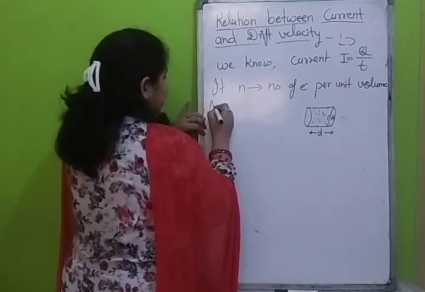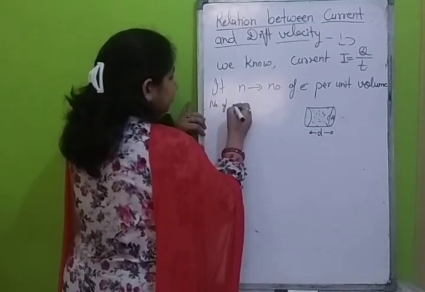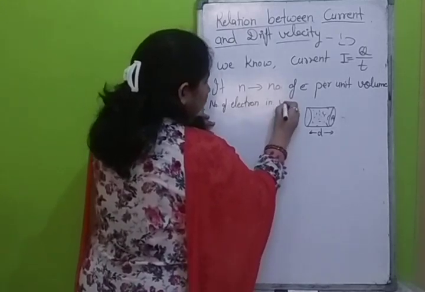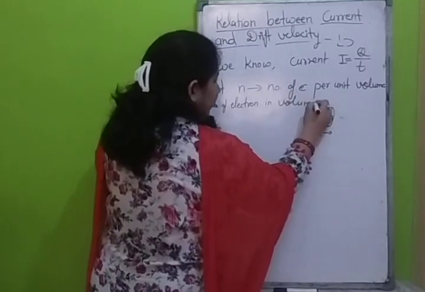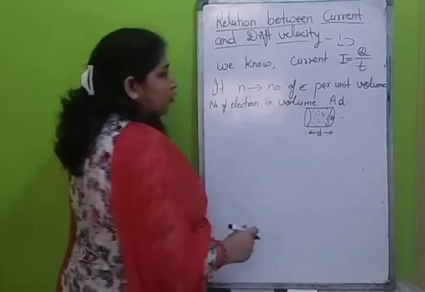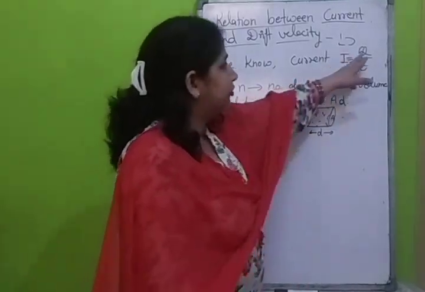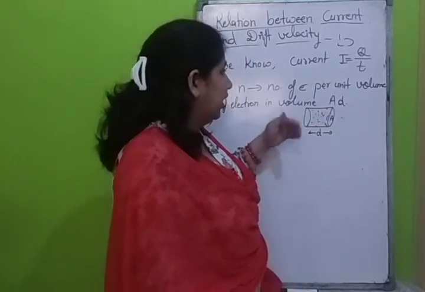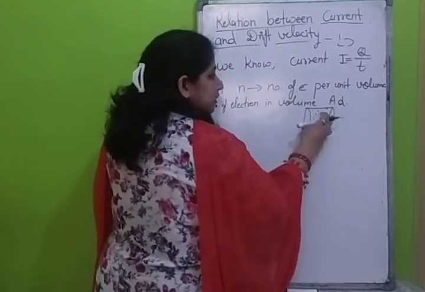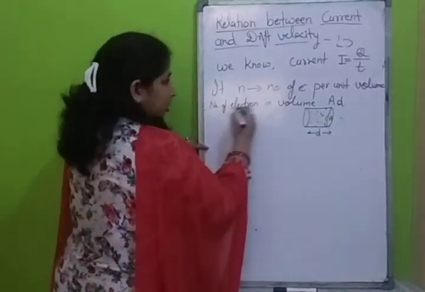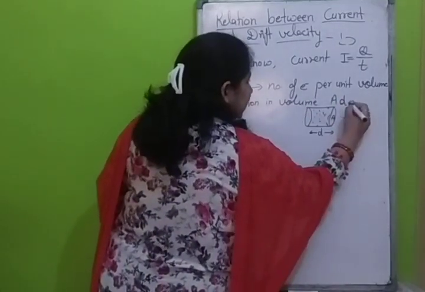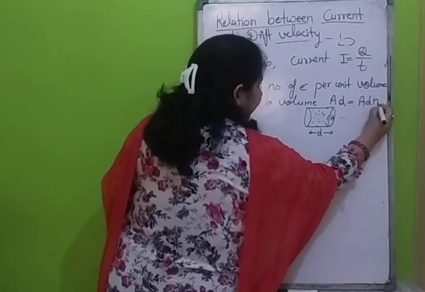Now, the number of electrons in volume A d is equal to A d n.